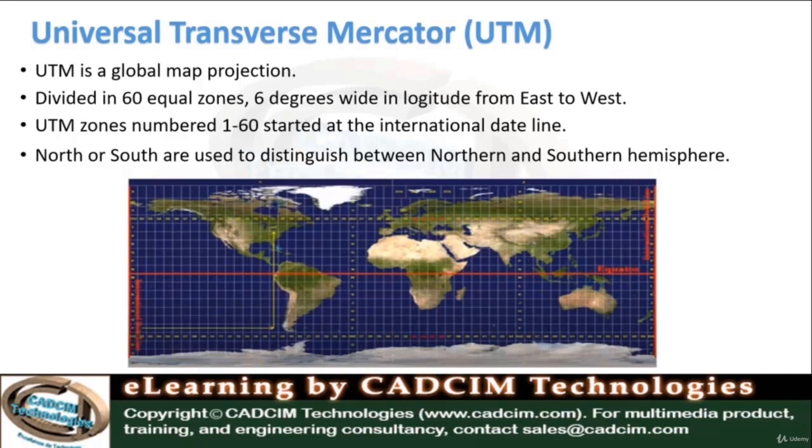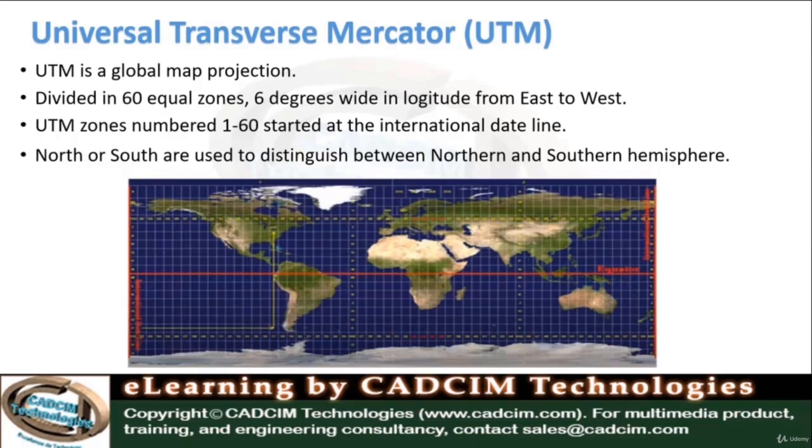When we use it, we need to indicate if it's north or south of the equator. The origin is on the equator at a specific longitude that changes using false northing and false easting.